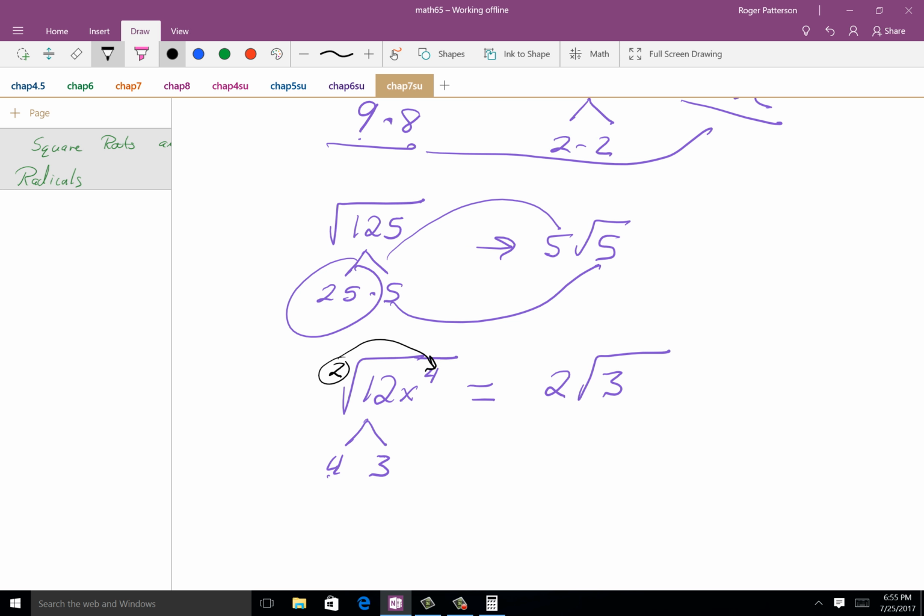So what that means is that the square root of x to the 4th is just x squared. So I would put an x squared out in front, and that would be done. This 2 goes into the 4 evenly twice, so that's why I have x squared.